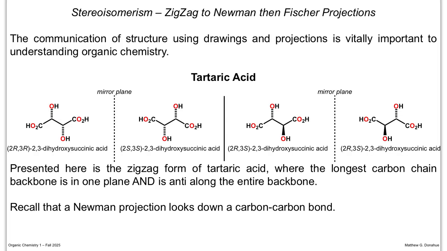From our initial model, the only thing we've changed is now we have acids at the end, and we've changed the bromines to OH groups. What's challenging about converting the zigzag to the Fisher is the realization that the terminal carbons are folding back on each other.